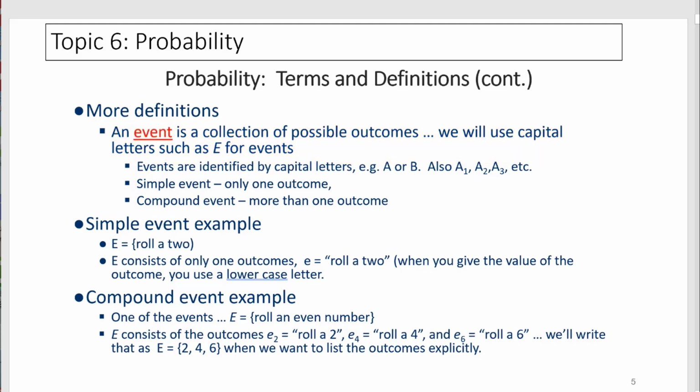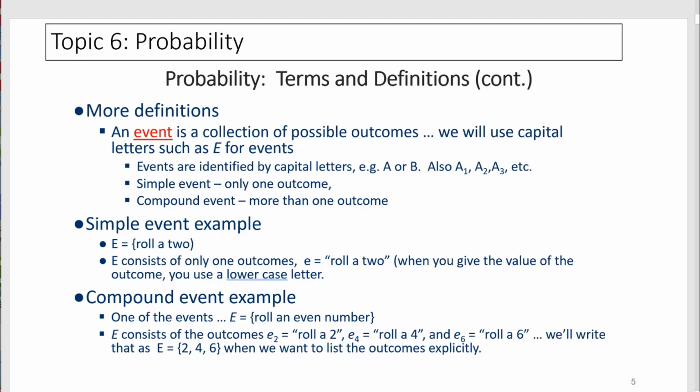It depends. It could be a simple event, such as rolling the 4 that we talked about, or rolling a 2, or a compound event, more than one event. So something like rolling the dice and getting an odd number, rolling the dice and getting 2 and 4, or rolling the dice and getting an even number. So we have different types of events.